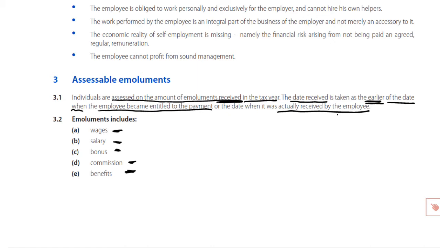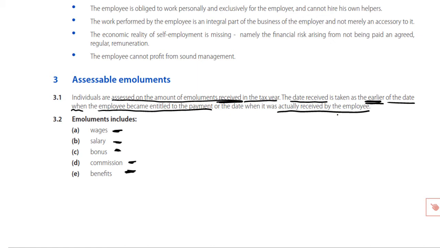When you are preparing an income tax computation for 2016-17, as you may well be required to in our exam, you look at those two dates, and if the earlier falls in the 2016-17 year, usually that is the date when you became entitled, then you include that amount within the income tax computation for this tax year.